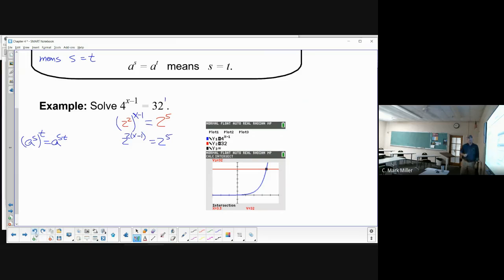Now, the student will observe we have equal bases. So I'm only going to write this once. Equal bases means equal exponents.